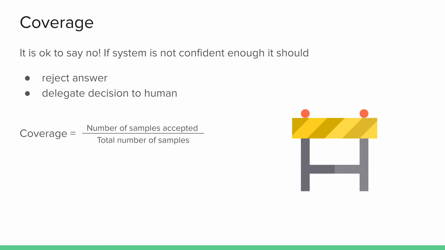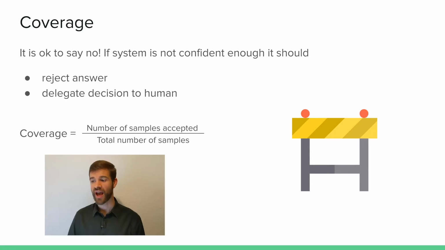It will not know the answer for sure. And if the system is not confident enough to give a prediction and to state a clear output, it should be allowed to reject giving an answer or saying, okay, please, human, this thing is too hard for me. You have to take over and delegate the decision to us.